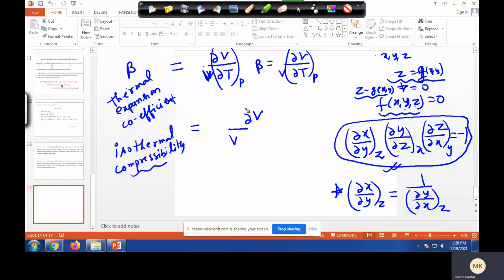But this time, since you are compressing, you need to use pressure. So dou V by dou P at constant T. Otherwise, it will be very difficult to define. And since pressure is always compressive in nature, there is a minus sign. This is called kappa. So we'll see things in terms of kappa and beta. You can calculate kappa and beta for an ideal gas. Try it. Okay, great.